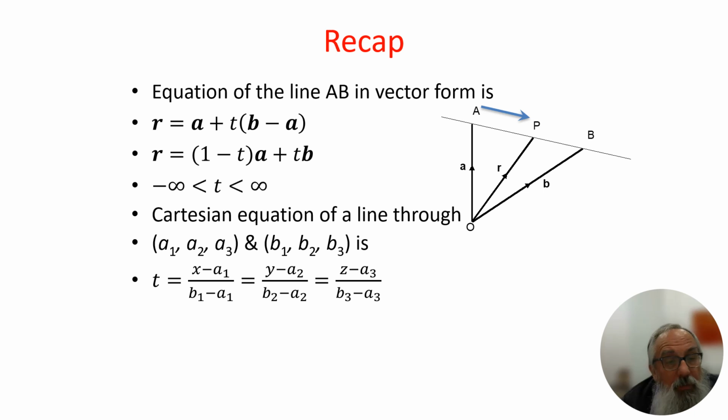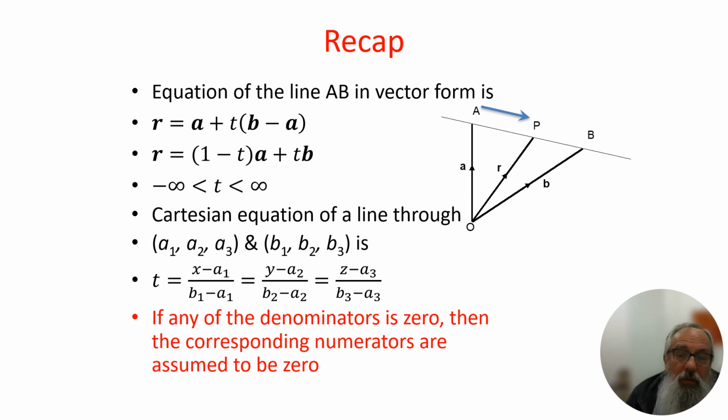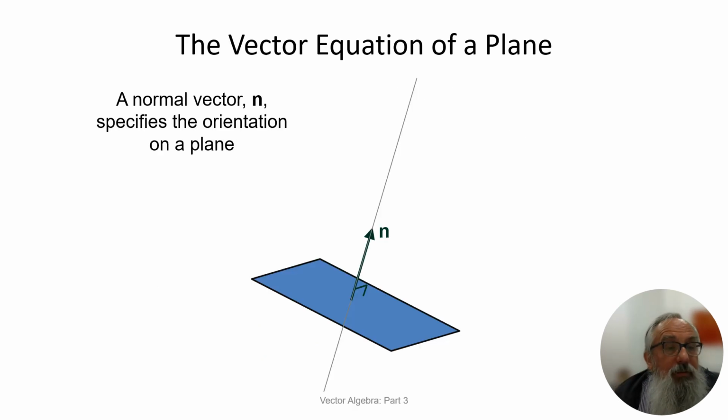So that's the usual common format for the equation of a line. There's one caveat with these: we need to understand that when the denominator is 0, the number at the bottom is 0, physically the numerator would always be 0. But if we're doing any, say, programming of these calculations, we need to explicitly set that.